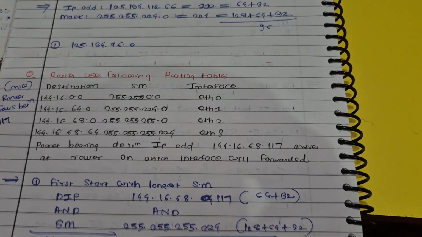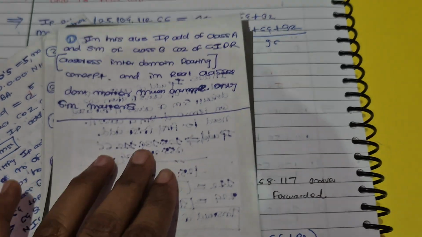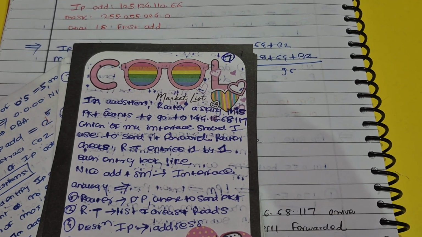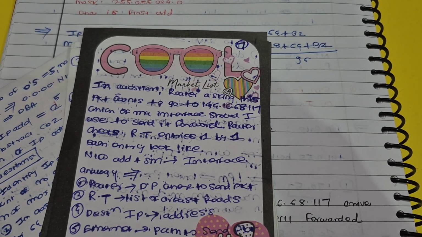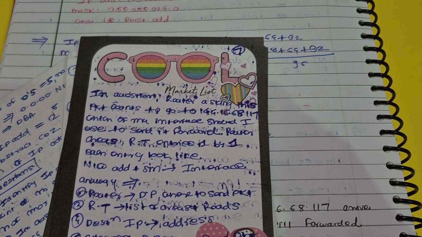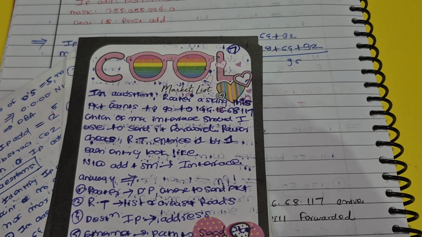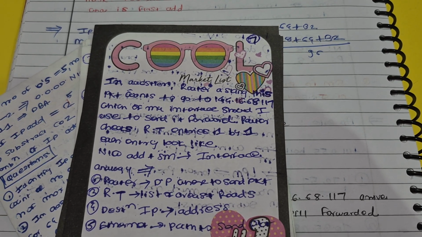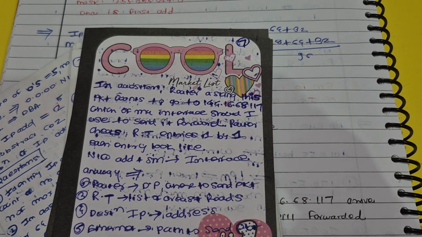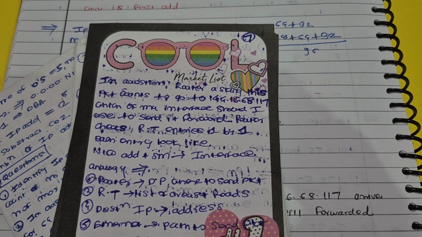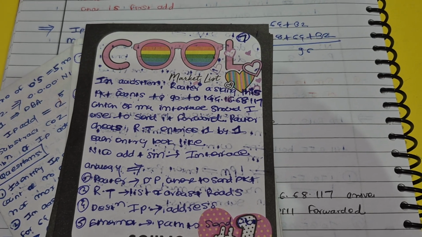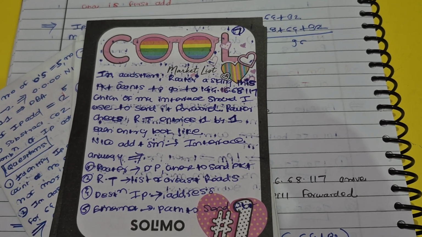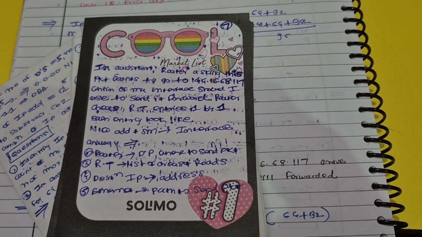If I show you my notes: in the question, the router asks, this packet wants to go to destination IP 144.16.68.117, which of my interfaces should I use to send it forward? The router checks the table entries one by one, and each entry looks like a network address plus subnet mask, which maps to an interface.